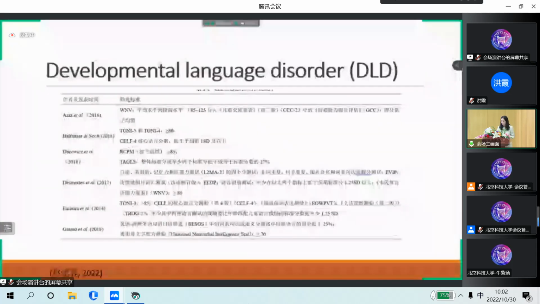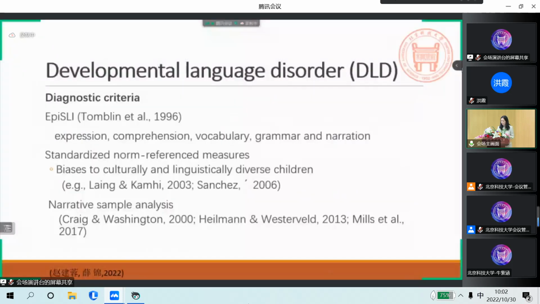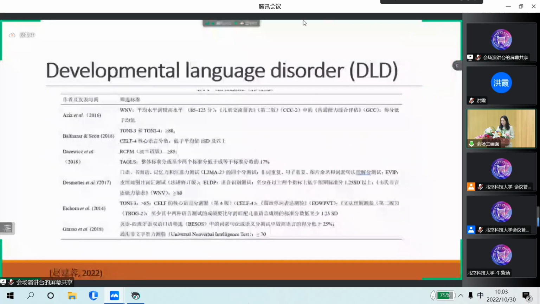Usually, according to the very famous model, this one typical model proposed by Tomblin, the EpiSLI model, DLD is defined or screened by 5 dimensions, including expression, comprehension, vocabulary, grammar, and narration. Researchers usually define DLD by norms of the speakers.